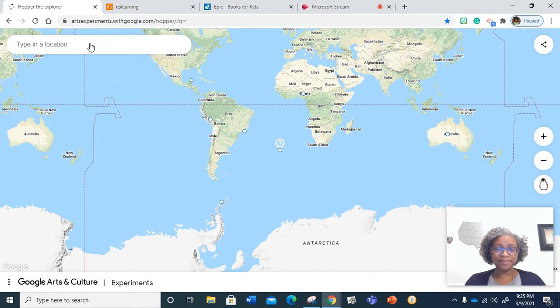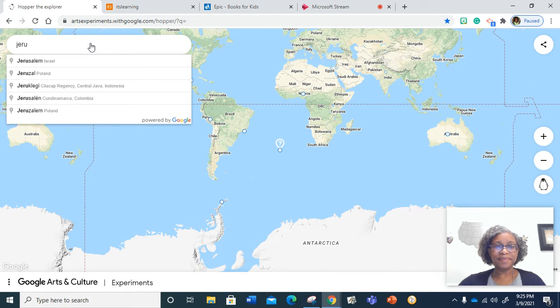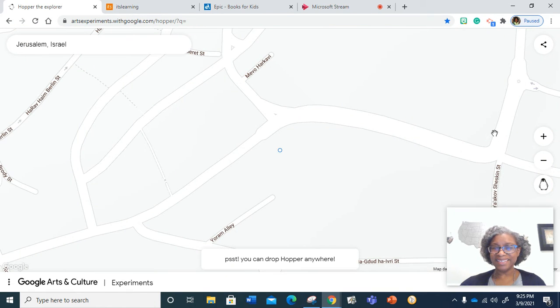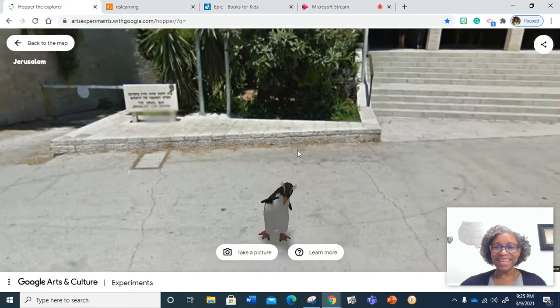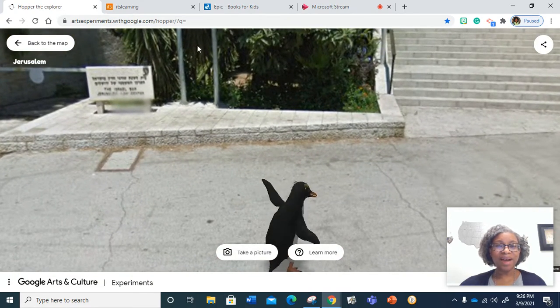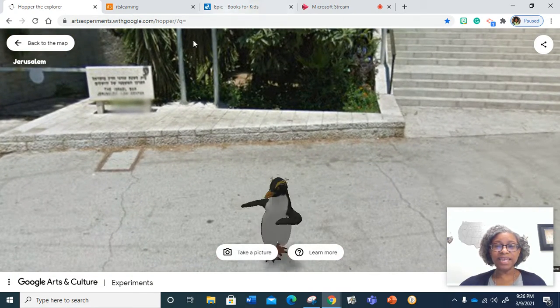Let's see. There it is. Let's see if Hopper hops there. We're on our way to Israel. And there he is. Hi, Hopper. How are you? So let's take a look around.